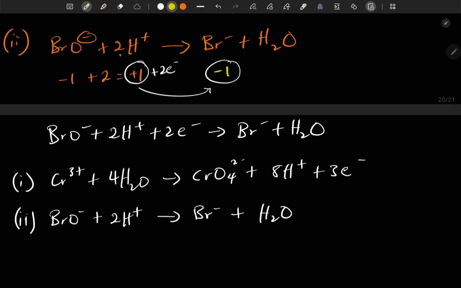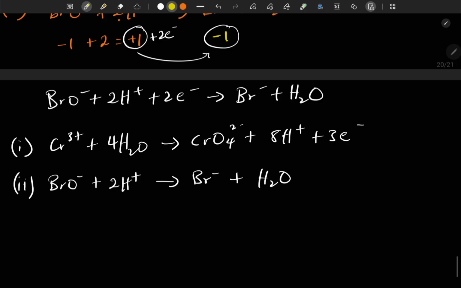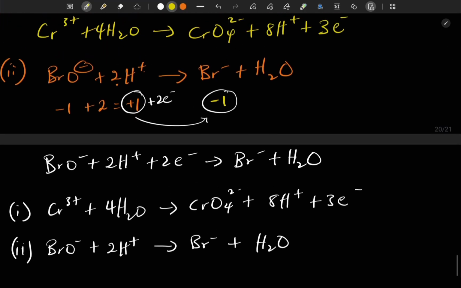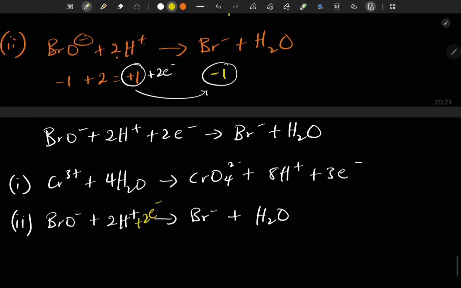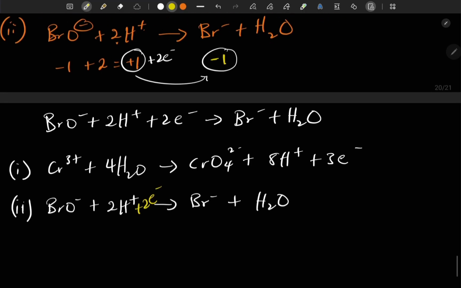Oh, sorry, we skipped plus 2e- here. So we have to make sure that the number of electrons are equal so that we can cancel out the electrons. So how do we do that?